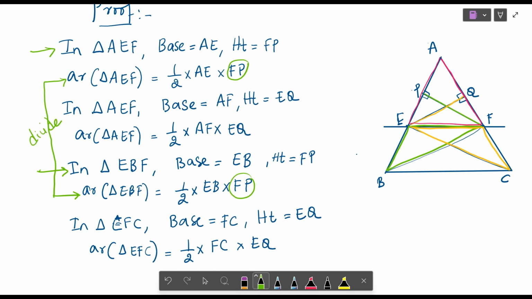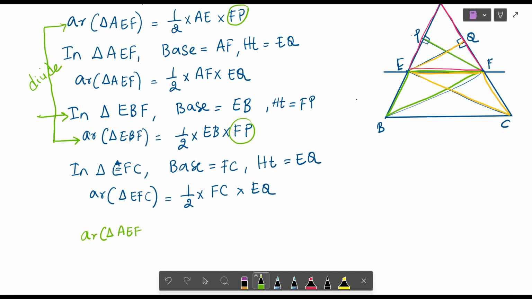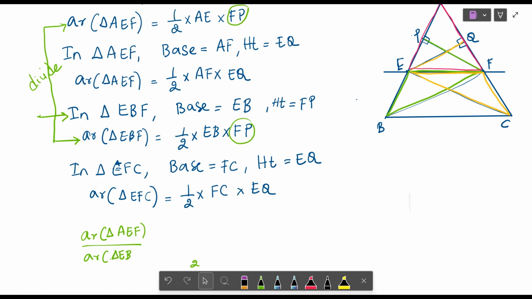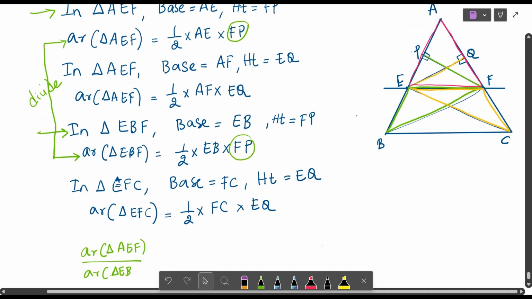Understood, students? So what is the step I can write? Area of triangle AEF divided by area of triangle EBF is equal to half into AF into EQ by half into EB into FP.